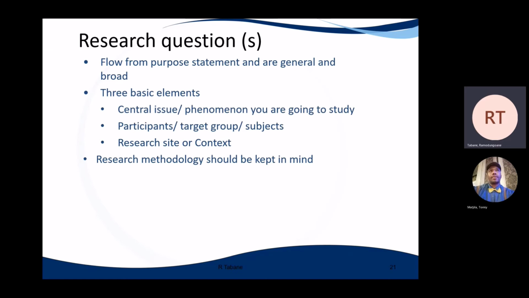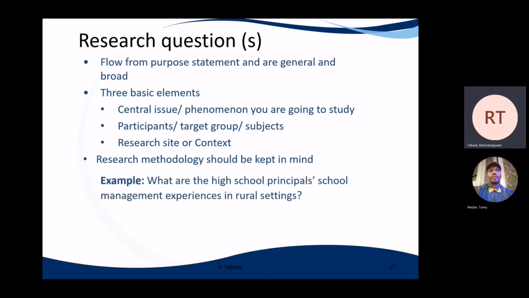So again, the repetition, these problems, this research statement, this hypothesis must also bear the 3 basic tenets that you put when you wrote your title, when you wrote your purpose statement. What is the central phenomena of study or central issue? Who are your participants and where is the research site?